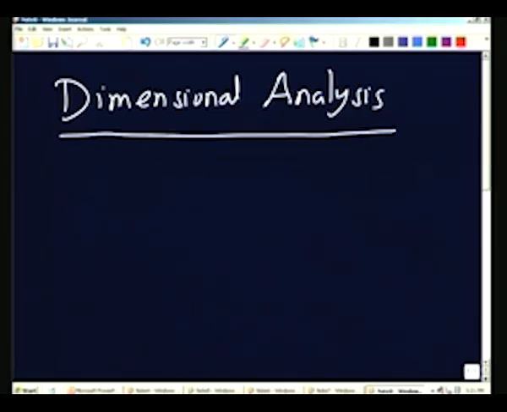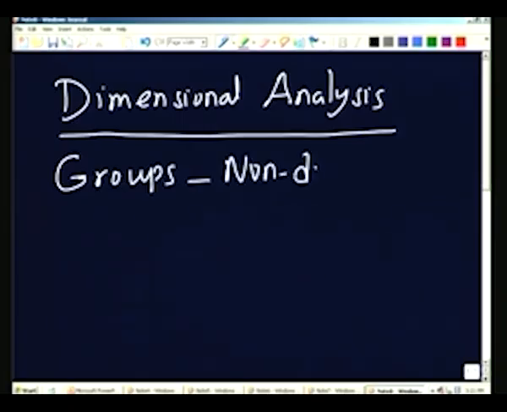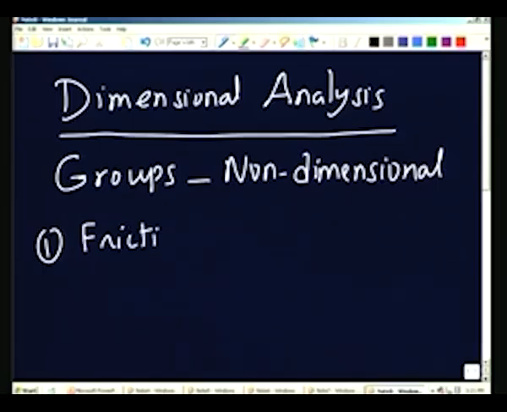The basic idea of dimensional analysis is to go for what are called non-dimensional groups. And in fact, in the present problem, only 2 groups will be involved. One, the friction factor, and the second one is called the Reynolds number.